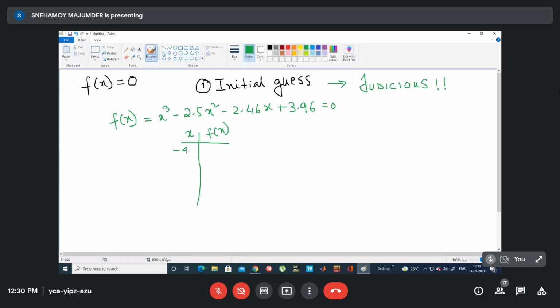If you put -4, it will come -90.2. If you put -3, it will come -38.4. If you put -2, it will come -9.1. If you put -1, it will come 2.9.